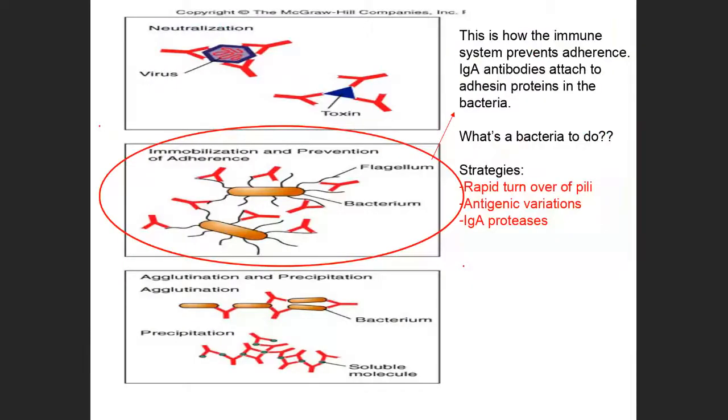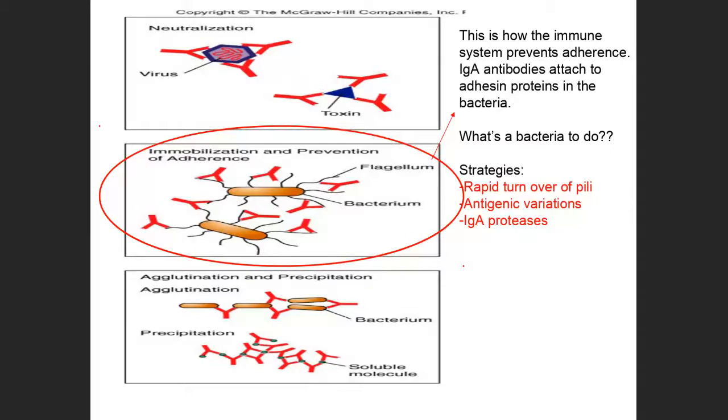So the next question would be, how does our immune system protect us from adhesins? Well, one of the ways is by making antibodies against the adhesins and covering the adhesins with antibodies, as in immobilization, for example, and prevention of adherence.